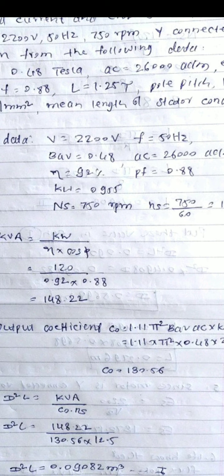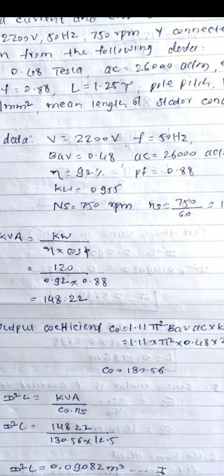Given data: V is equal to 2200 volt, frequency 50 hertz, B average 0.48, AC 26,000, efficiency 92%, power factor 0.88, kW 0.955, and speed is 750 rpm.